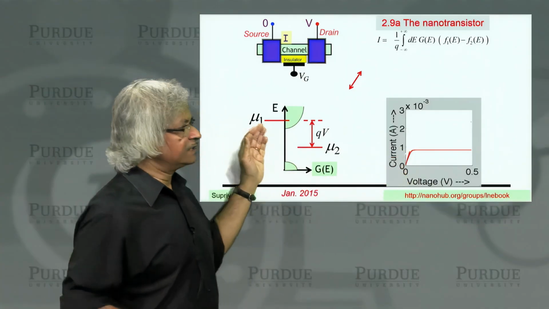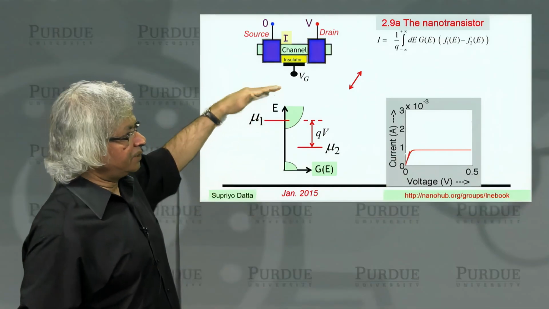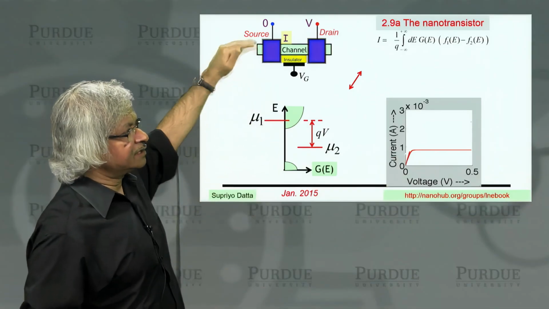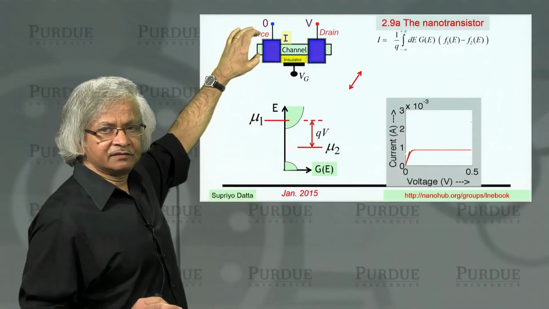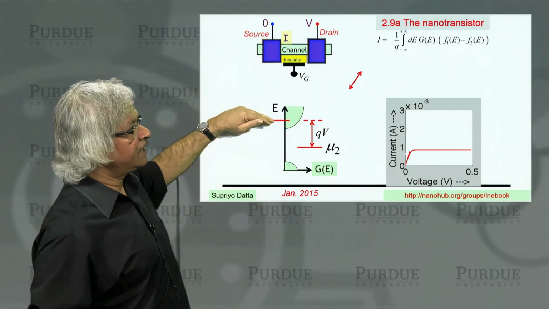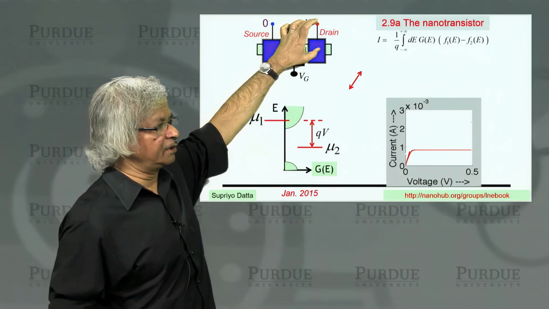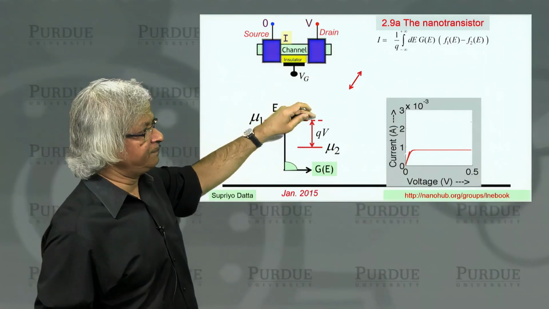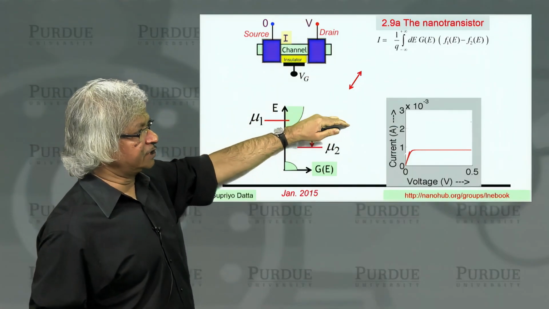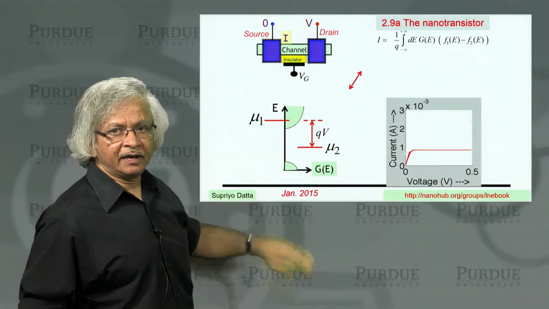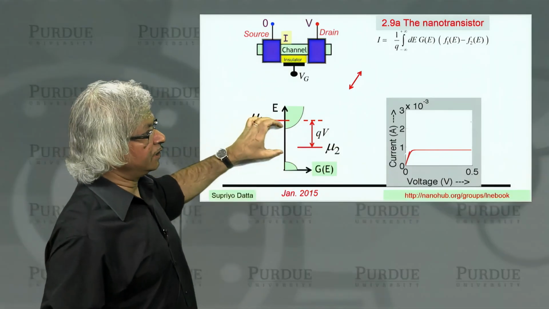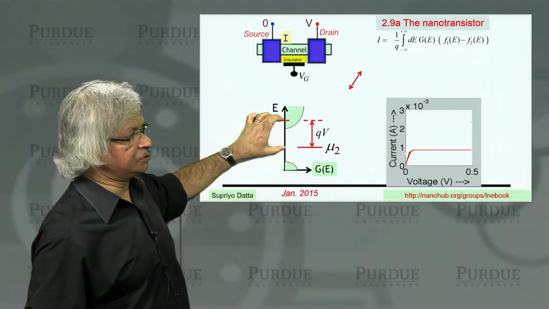The reason is that, you see, when you apply a voltage, the way we are thinking is the source is our reference, that's what we call 0, and then the drain has a certain voltage on it. So as you put a bigger and bigger positive voltage on the drain, the chemical potential in the drain goes down. And current flows in the window between mu1 and mu2.